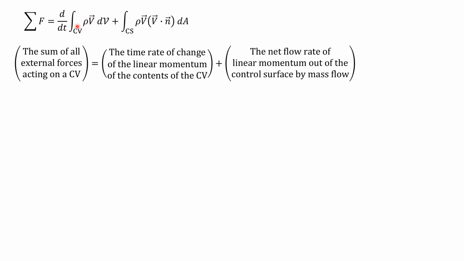This is a time rate because it is related to t. So how much in one particular time the linear momentum of the system changes. That's the first part, plus the net flow rate of linear momentum out of the control surface by mass flow.